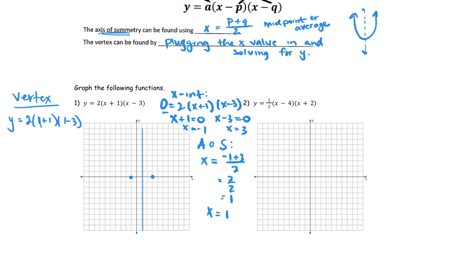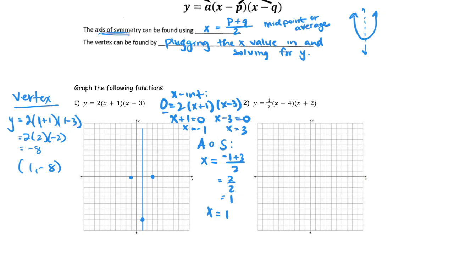And now we just simplify that. 2 times 1 plus 1 is 2. 1 minus 3 is -2. So if we multiply all this together, we get -8 for the y value. So this should make sense, that we want to go down to -8 at 1, -8 being our vertex. And that looks like it makes sense for where our x-intercepts are.